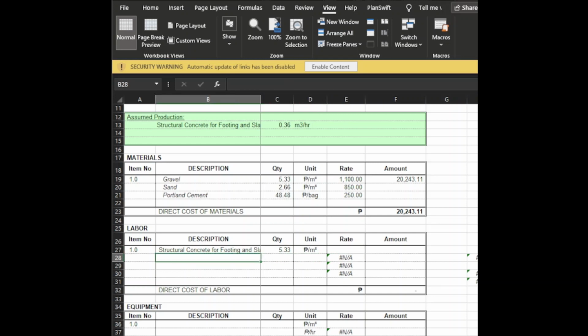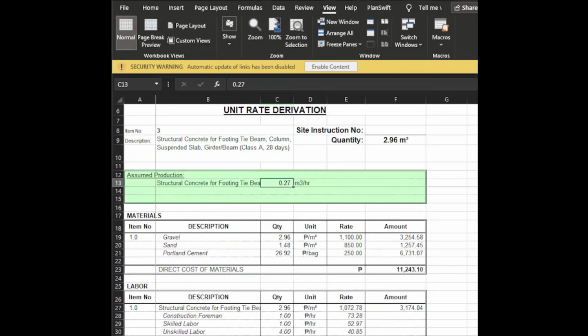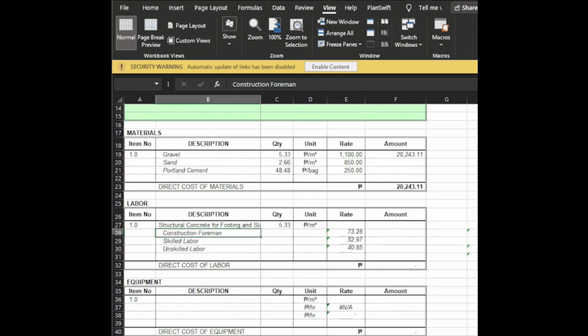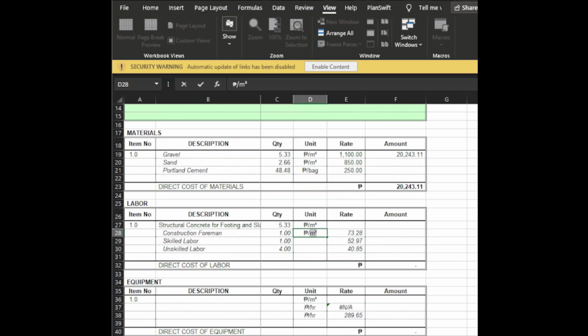And also our labor is the same as the previous one. We will just make this copy from here. Then we need 1 again, 1 and 4 unskilled labor. So this one is piso per hour. Remember guys, I already discussed this one before, so this is just a review.